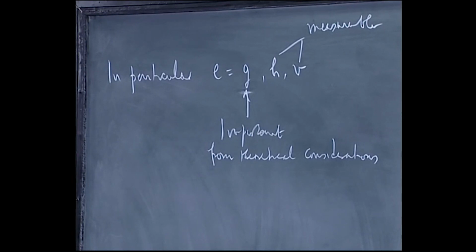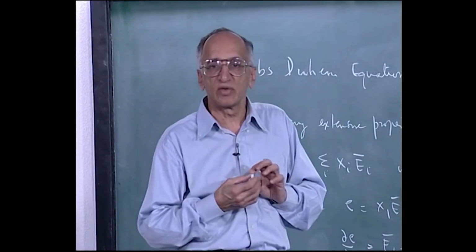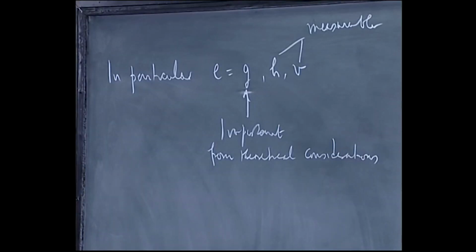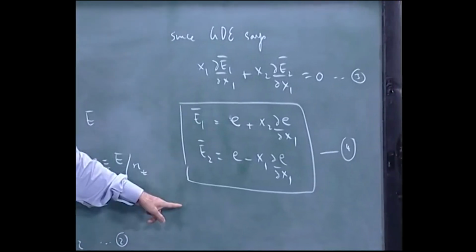You know that the derivative of G by T with respect to T will give you minus H by T squared, G with respect to P will give you V. So the pressure dependence and the temperature dependence are covered through measurements of H and V. Because enthalpy and volume are also extensive properties, these conditions are satisfied.